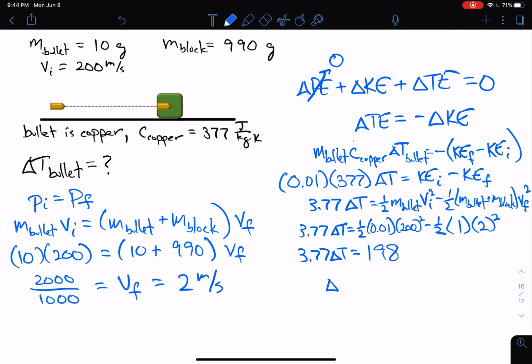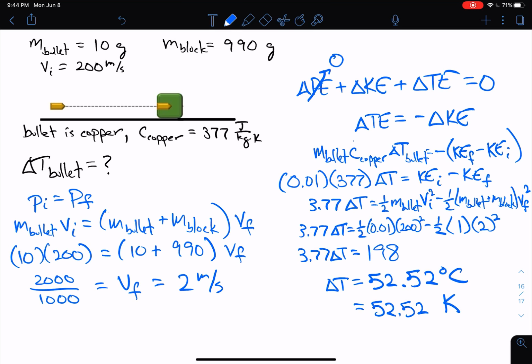And then delta T is, of course, going to be 198 divided by 3.77, and that's going to be 52.52 degrees Celsius. Now, I chose to write degrees Celsius, but I could have also said 52.52 Kelvin, because we're talking about temperature change.